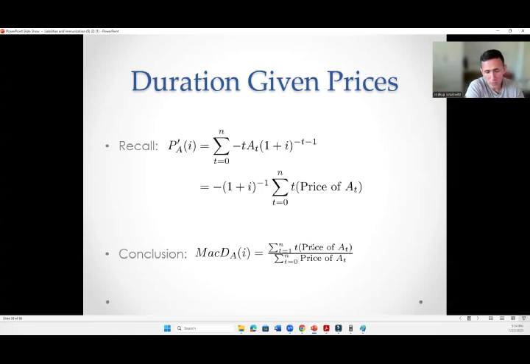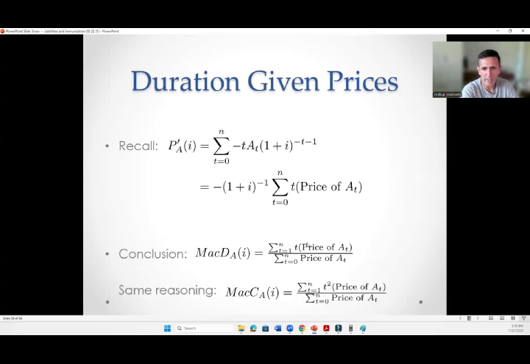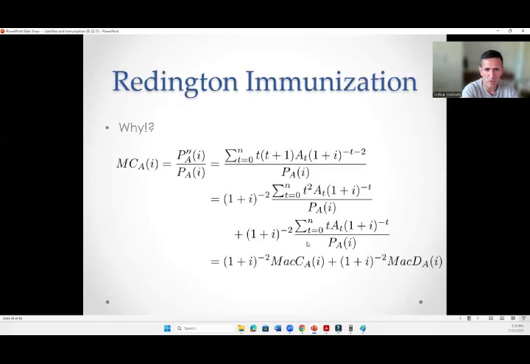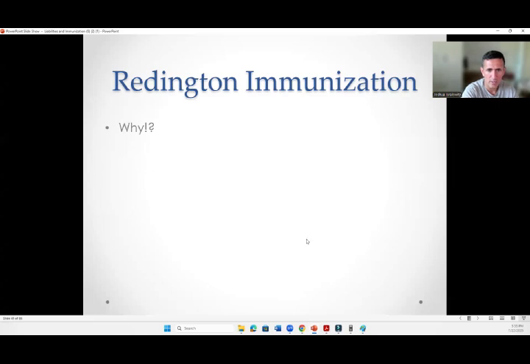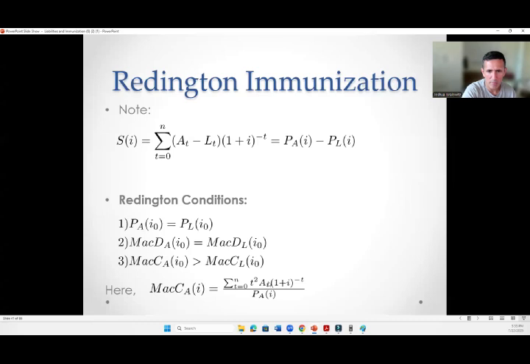And this is extremely useful if you're given the price of your assets. Implicitly, this is the price of the assets at whatever interest rate i we're looking at. Ultimately, we're going to plug in the given interest rate. So these are going to be the prices of your assets at the given interest rate. And same thing here. Remember, I said for Macaulay convexity the formula is right here, but each A_t (1+i)^(-t) is the price of your asset at t.